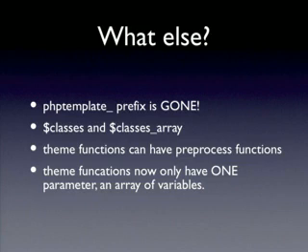we now have this classes array variable, which is available in the preprocess function, which if you want to add stuff to it, you add a new string at the end of the array. And so it's an array of this class and this class and this class in this PHP array.